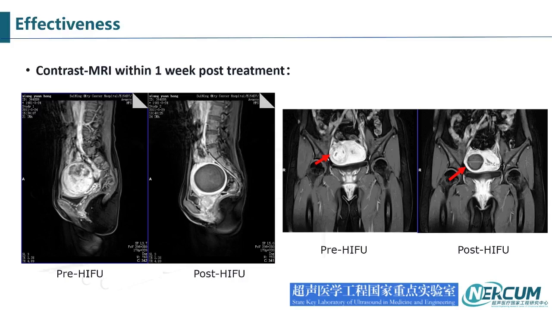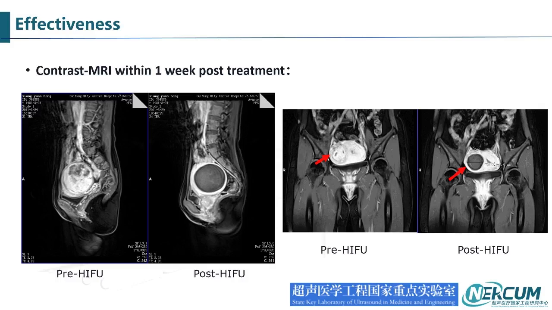And we have also encountered cases of multiple uterine myomas with the demand for pregnancy in the future. So we can see that if we can find the lesion accurately and do the treatment accurately, then the serosa and the endometrium can be preserved very well.